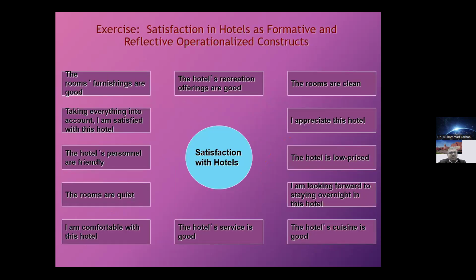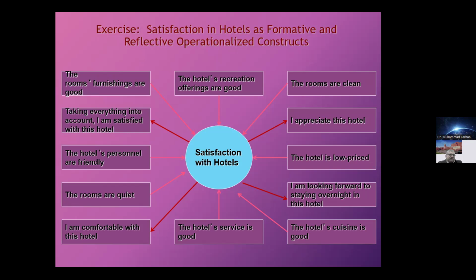Let's see if we try to measure the satisfaction with hotels. These red arrows show something, and then these pink, or light, you can say, arrows show something else. Let's talk first about the red arrows. The red arrows: taking everything into account, I'm satisfied with this hotel.